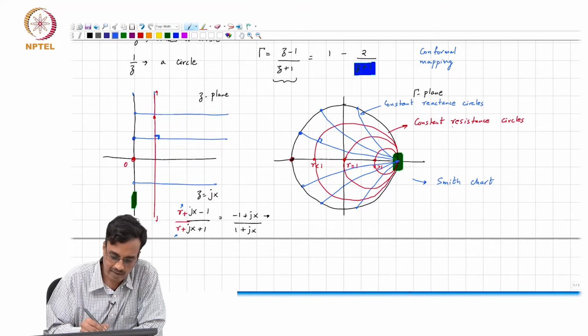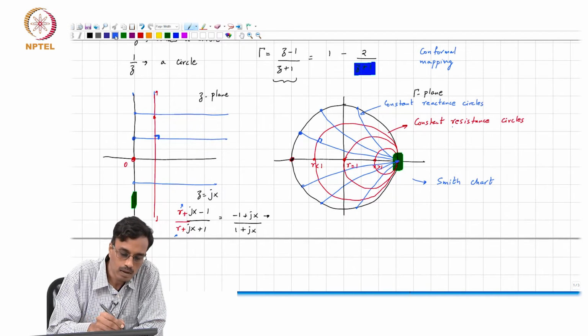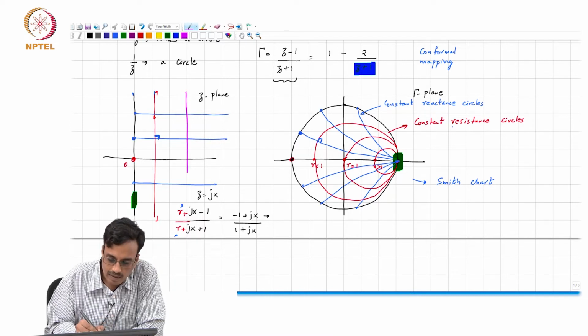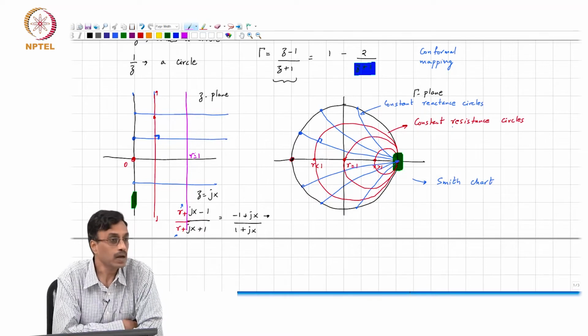So let's say this is the line that corresponds to r equal to 1.